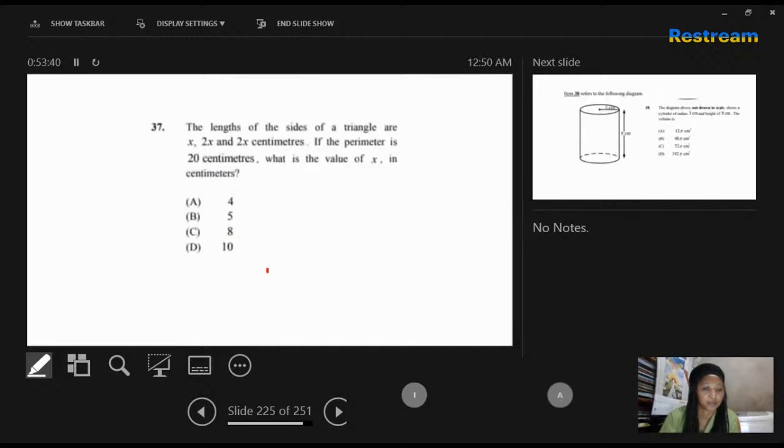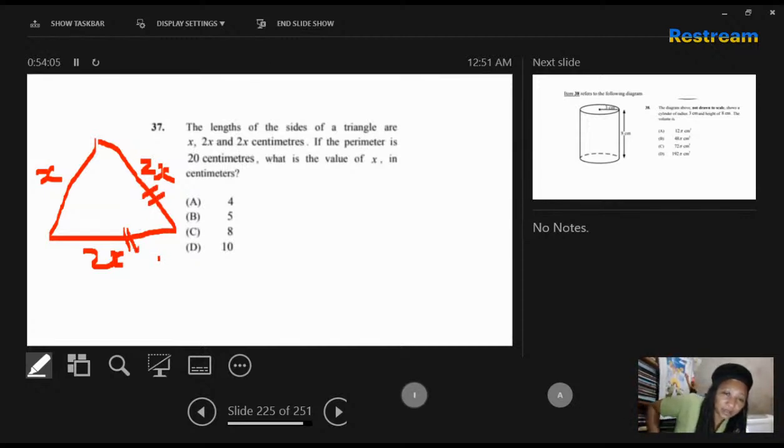Number 37. The lengths of the sides of the triangle are x, 2x, and 2x centimeters. So what kind of triangle is it? These two sides are equal. And the perimeter is 20, so the distance around it is 20.